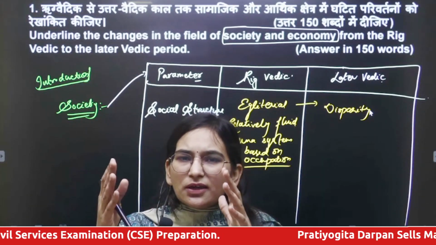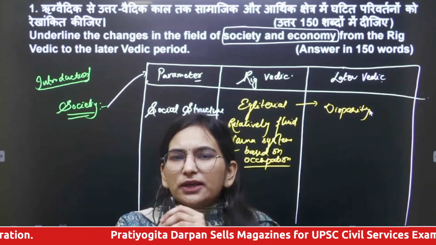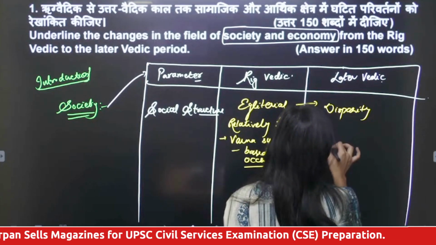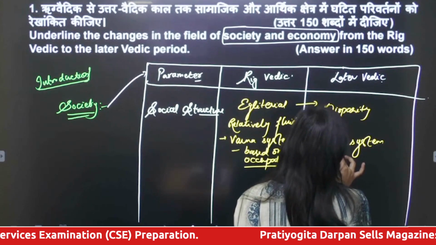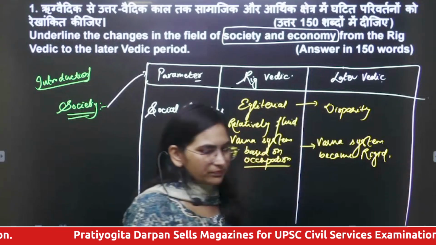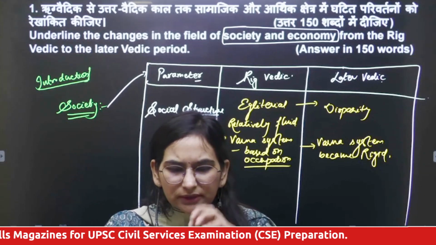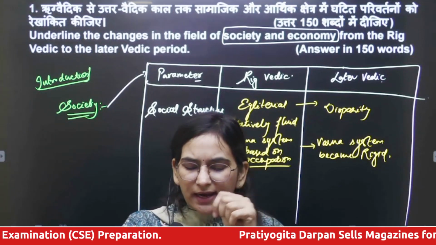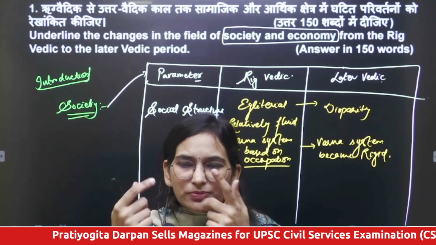So yes, it was facing disparity in the later Vedic period as compared to the Rigvedic period. Then from here the Varna system became rigid, with Brahmins, Kshatriyas, Vaishyas, Shudras, etc. Also there were a lot of caste distinctions as well, that there would be changes in caste too.